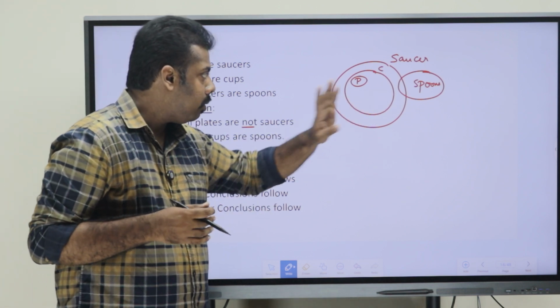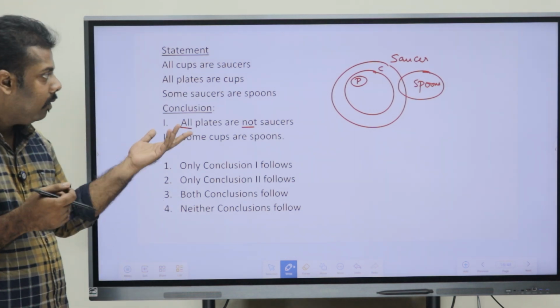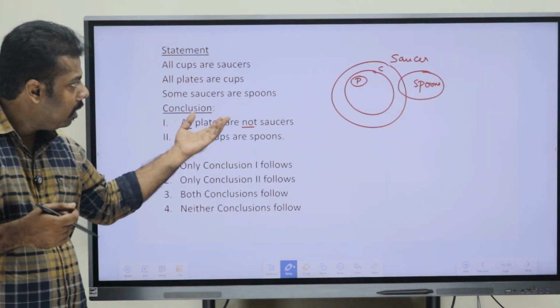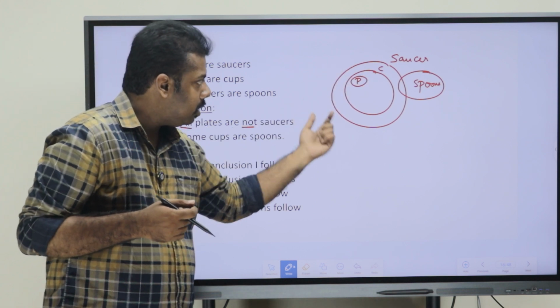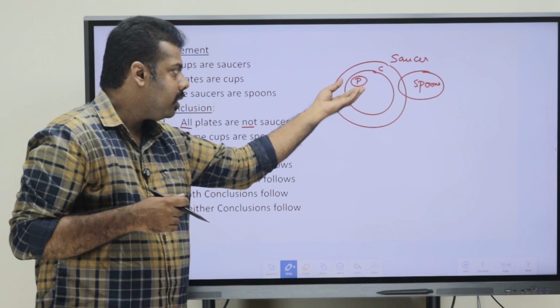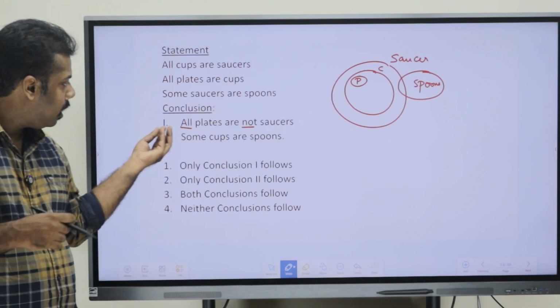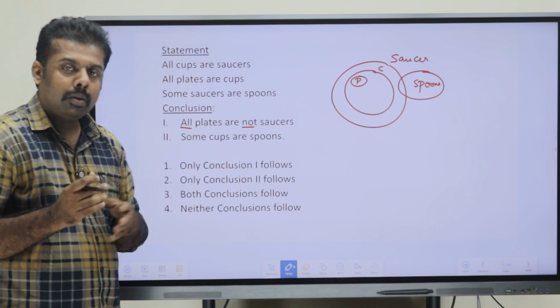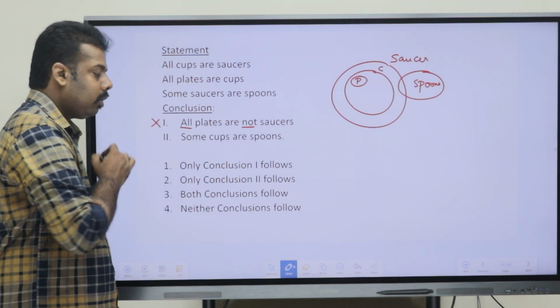Can we say it is right or wrong? Okay. We can't. Just try, is it possible? Plates is this portion. Saucer is the outer circle. So from this we can say that all the plates are saucers here, but we can't say that some plates are not saucers. Okay. So if we are not able to say that, that conclusion is always wrong.